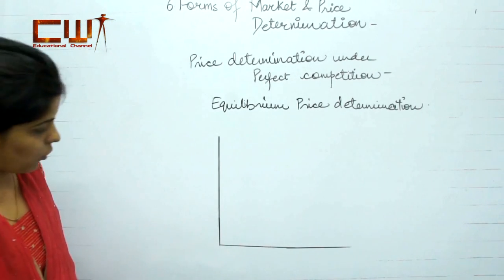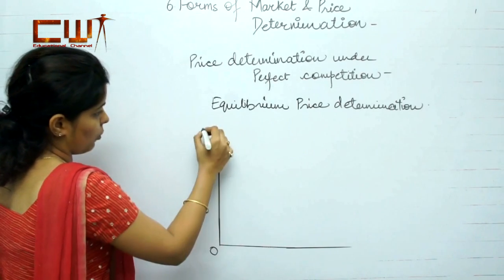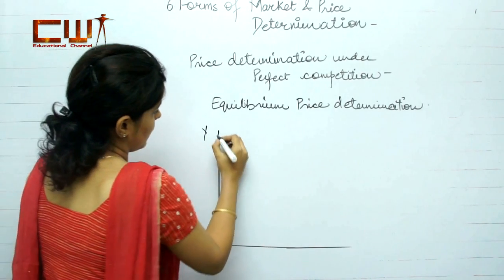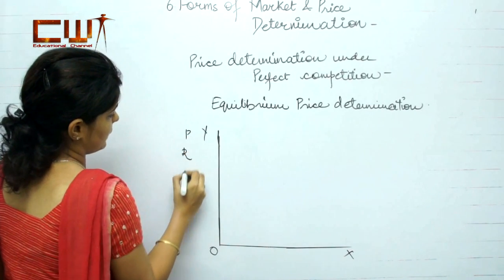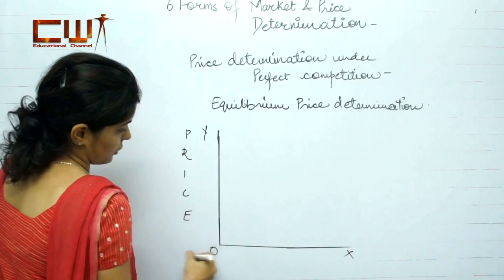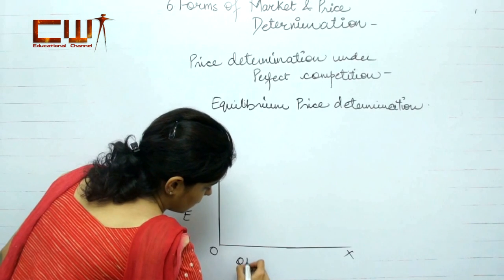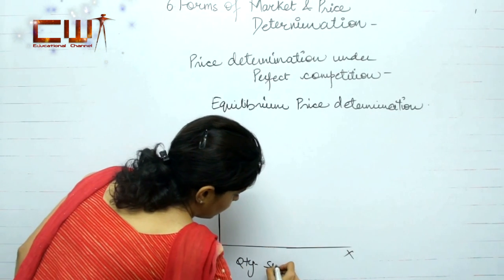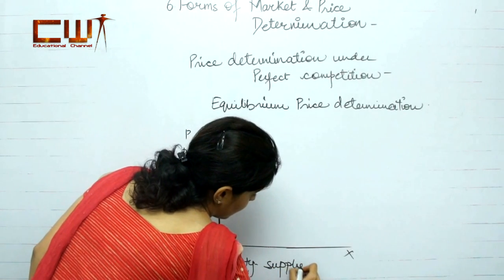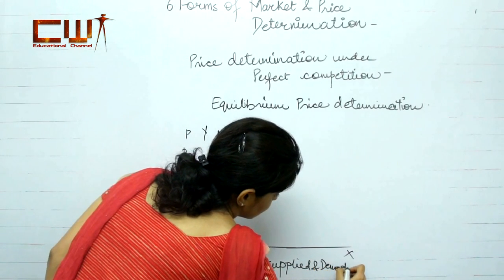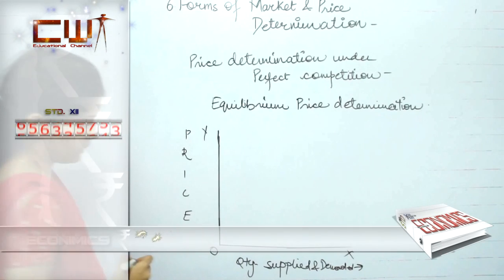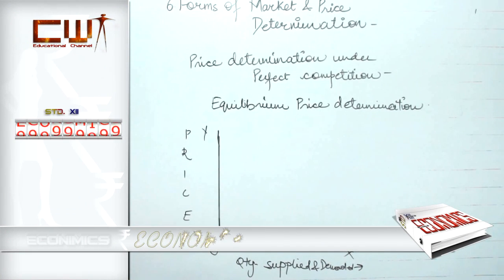You have OX and OY axes. On OY you have the price, and on the OX axis you have the quantity supplied and demanded. You have certain prices which are given to you. Three prices we have discussed.